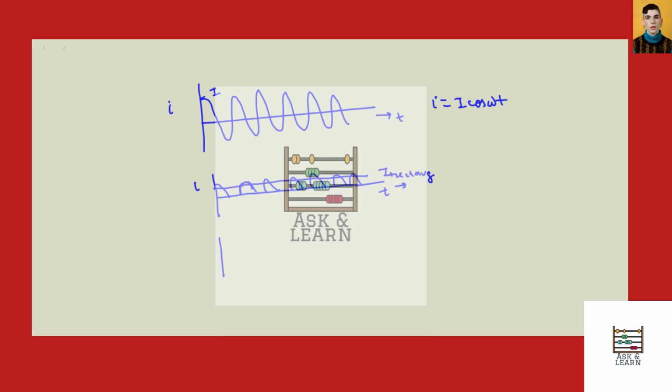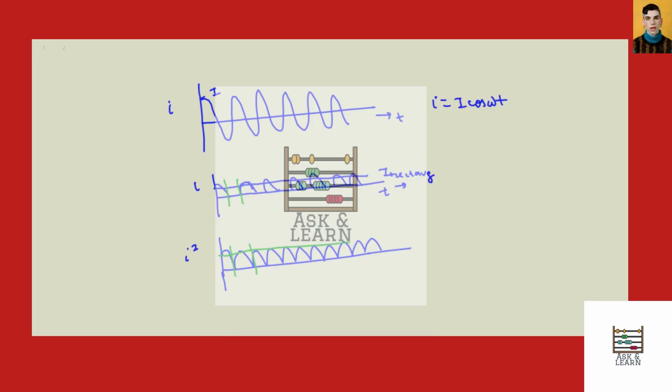But looking at the IRMS, this would be I squared, so this would be this graph as follows. We have these values in addition to the IRMS, which is I squared, and the average of this value would be greater than that value.